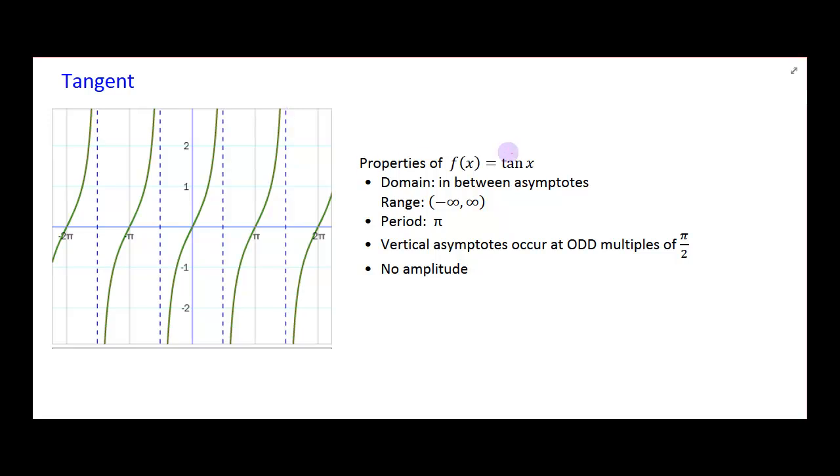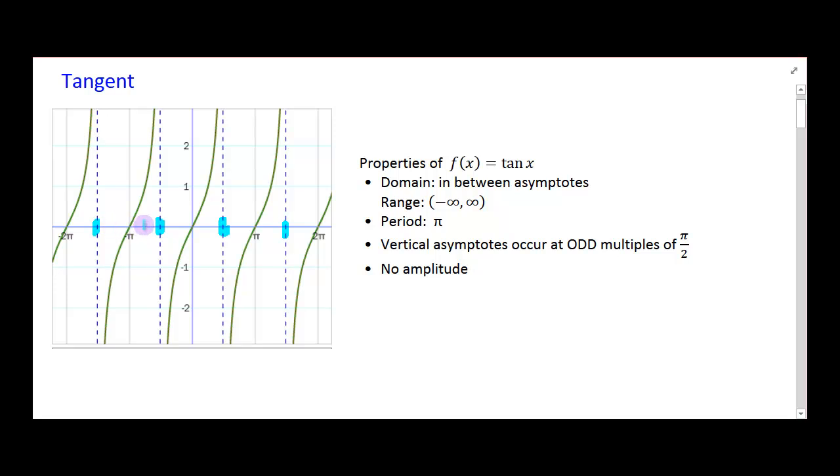And some of the properties that we can find from tangent are that the domain of this function, remember that domain are the possible x values, would fall in between the asymptotes. So everywhere that I have a vertical asymptote crossing the x-axis would be in between what my domain would include.